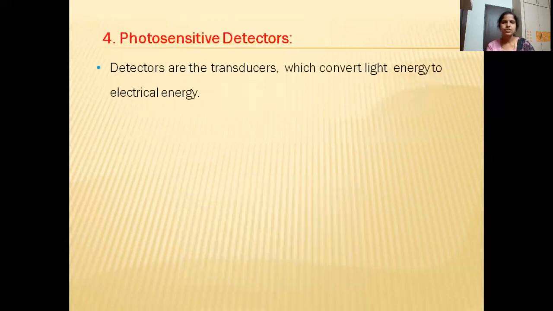Then photosensitive detectors. These detectors convert light energy to electrical energy. All the light transmitted from the sample, when it falls on the detector, is converted into electrical energy.